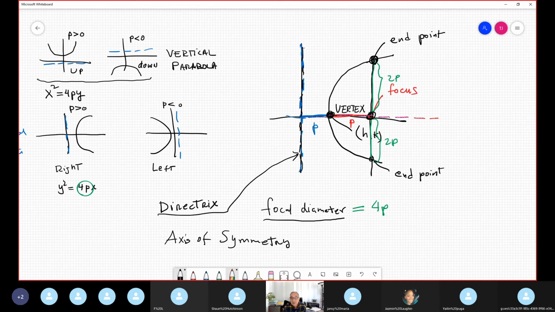In this case, the axis of symmetry is a horizontal line because we are talking about the horizontal parabola. The directrix is a vertical line. That's it. This is the theoretical part of the parabola. End of the story. Okay, let's do at least one or two examples.